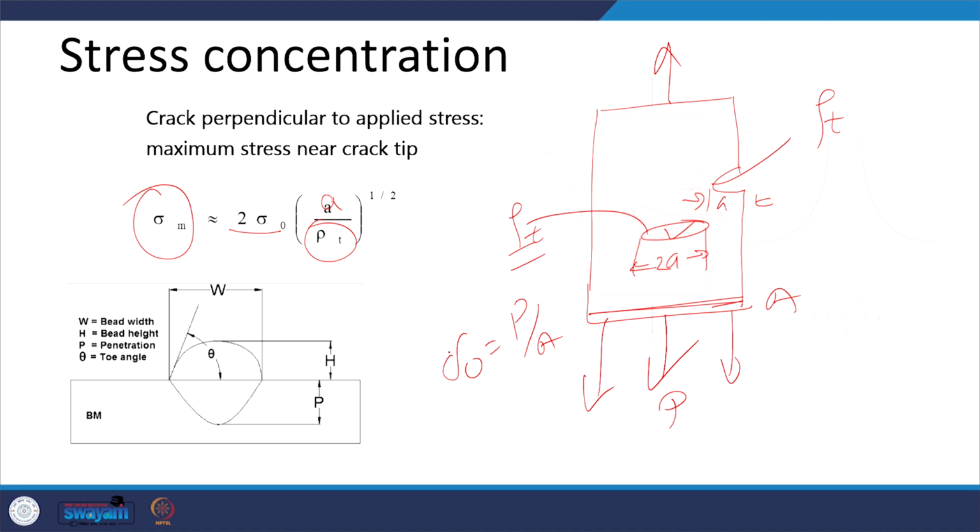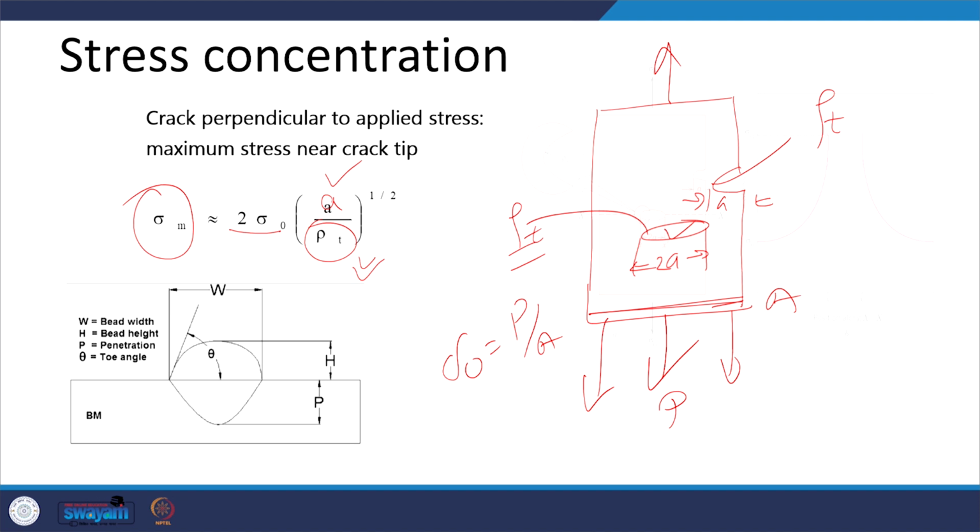So, the greater the size of the defect and the smaller the crack tip radius, these two adversely affect the stress concentration, meaning these increase the stress concentration significantly and thereby promote the fracture. Okay.